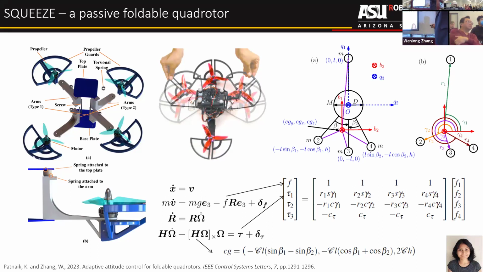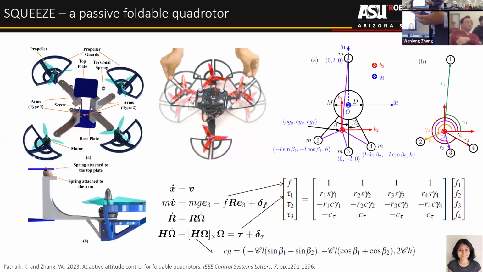This foldable drone also generates a lot of challenges involving control. As a general overview, the challenges are mainly twofold. For those of you that work on drones, this is probably the most standard dynamics that many of you have seen in textbooks and papers: one to describe the translational dynamics and one to describe the rotational dynamics. What's different?